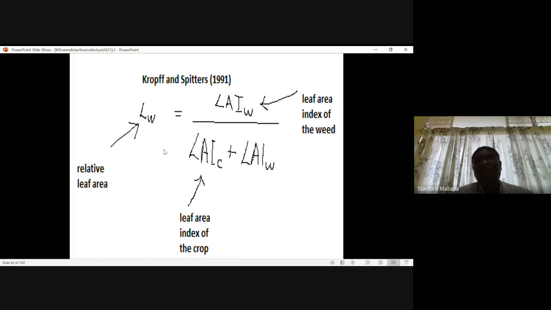Now, weed density could be used to estimate yield loss.